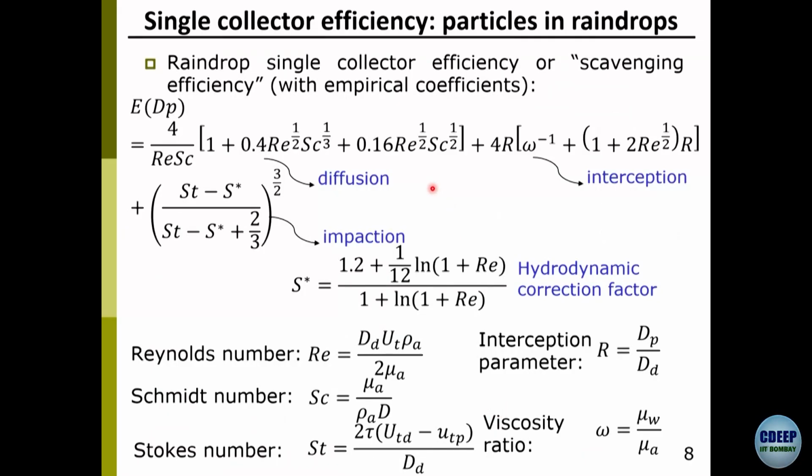So here we have an empirical expression now for this single collector efficiency, similar to our theoretical one, but it has a lot of extra terms and a lot of complications in it. Yet we notice that the first term over there is a Schmidt to the 1/3, but notice that there is a Schmidt in the denominator outside of it. So it becomes a Schmidt to the minus 2/3, right, which is really our dear friend, our diffusional Peclet to the minus 2/3, right.